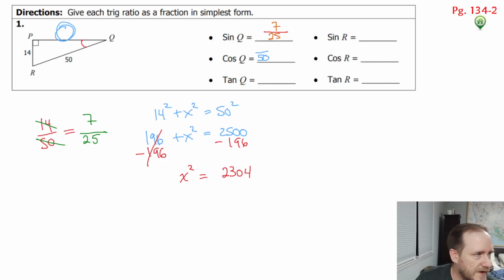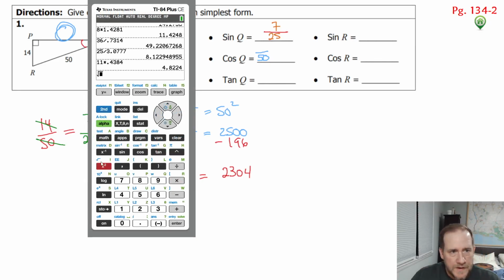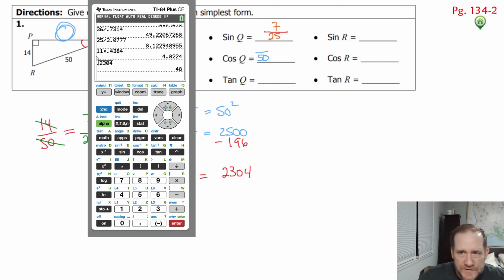So in our calculators, if we do the square root of 2304, what are we going to get? 48. Nailed it. So it's 48 exactly. I know most of the time radicals come out to be decimals, but they don't always. Sometimes they do come out to be perfect. So we're getting 48 as that missing adjacent side.